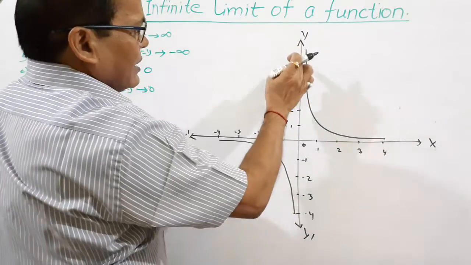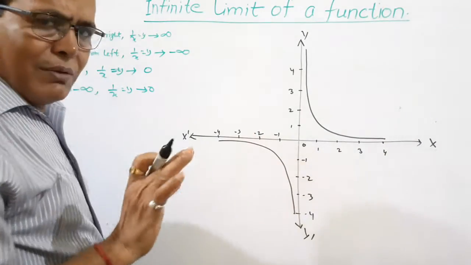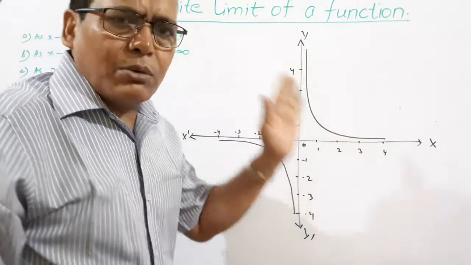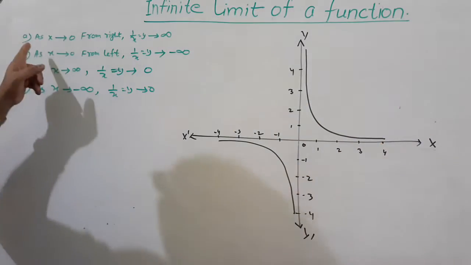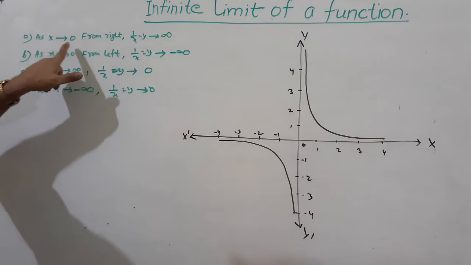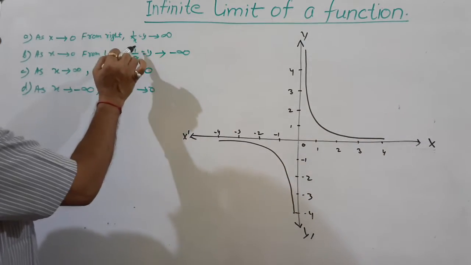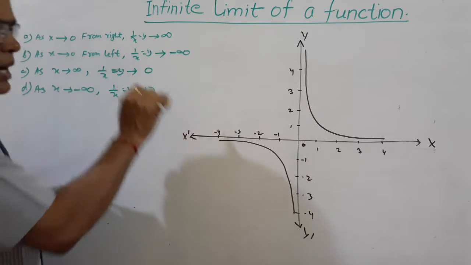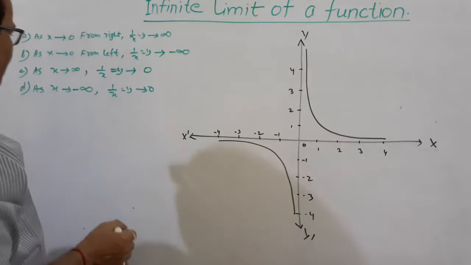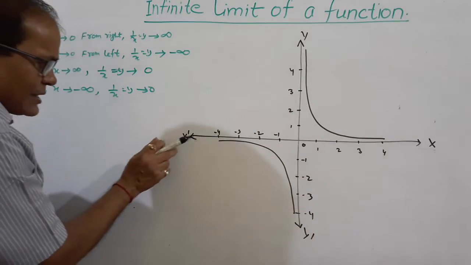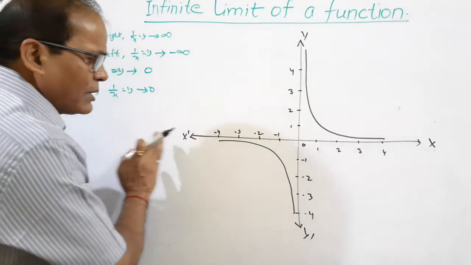It does not meet anywhere on the y-axis, so the value of y will not be 0, but very close to 0, approaching 0. So as x tends to 0 from the right, 1 by x, meaning y, tends to infinity. Second, if you go to the other one here, x is approaching 0 from the left.